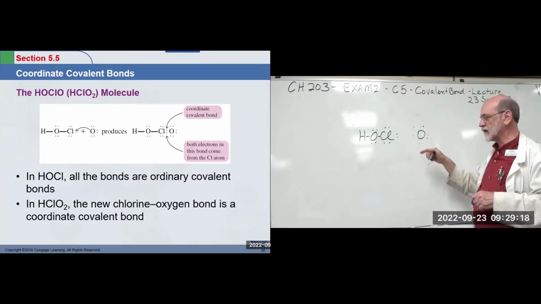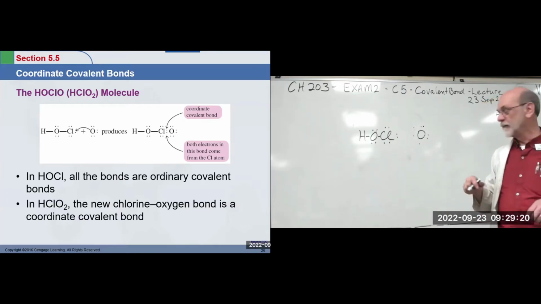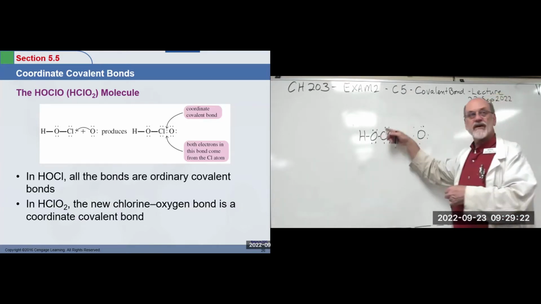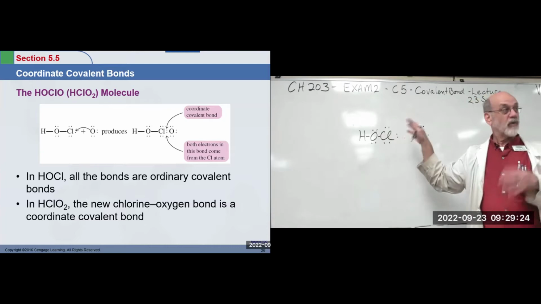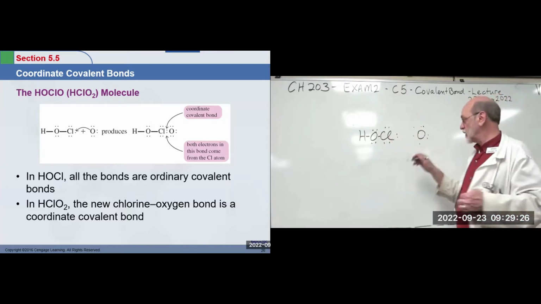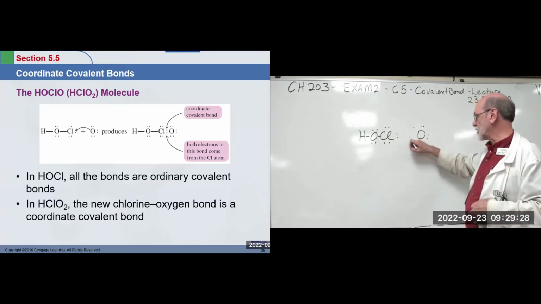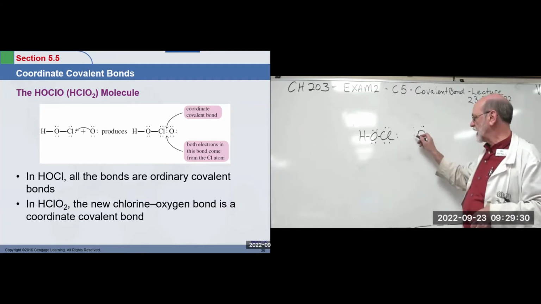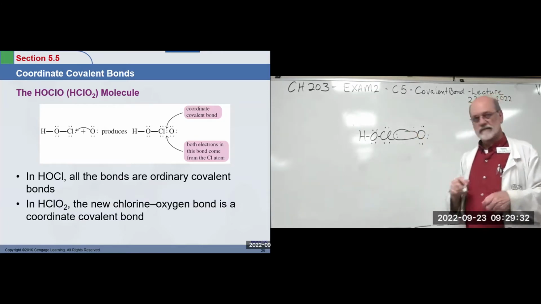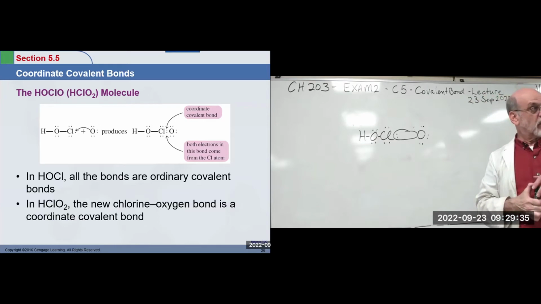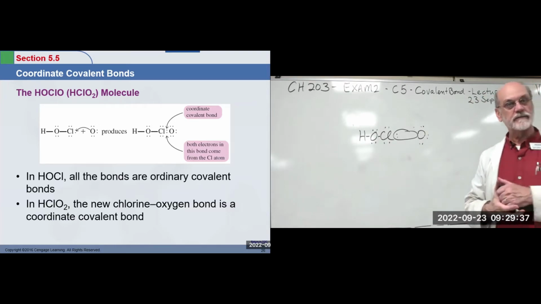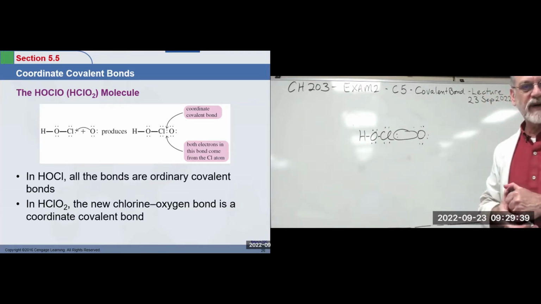And we have 2 of these electrons reactive. But there are no players over here, right? They're all paired. So what we do is take that one out, put it here, and then this one provides both electrons for the bond. That's a coordinate covalent bond.